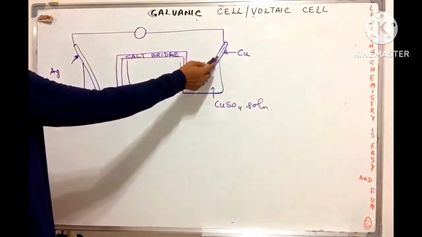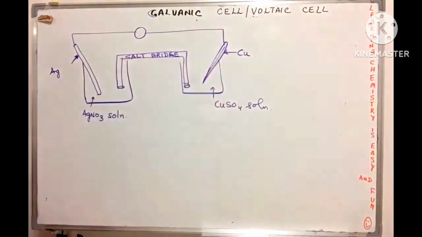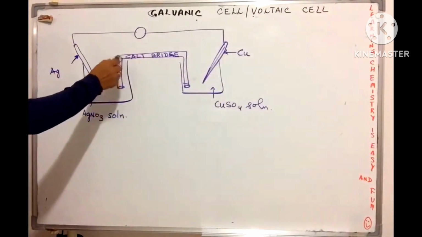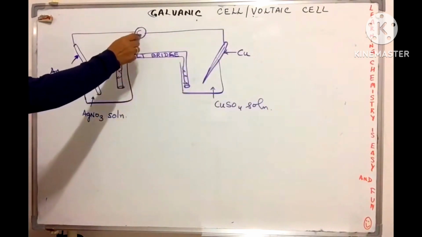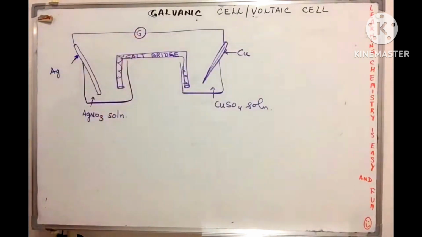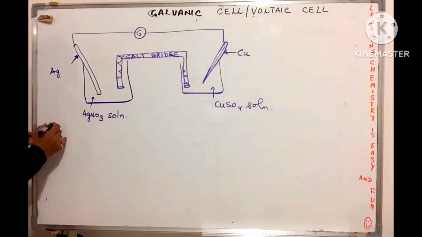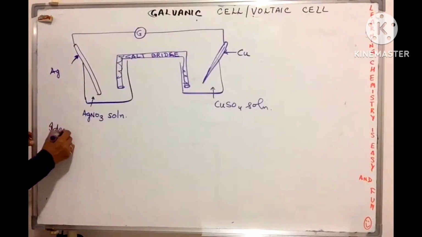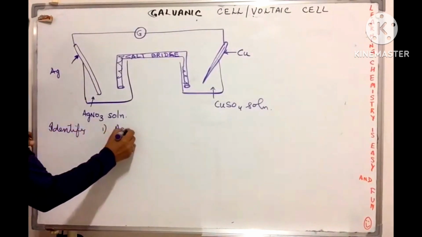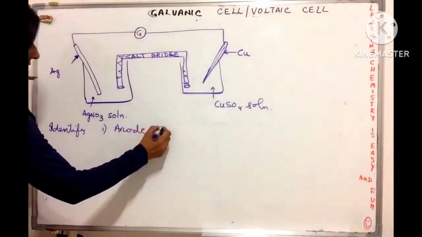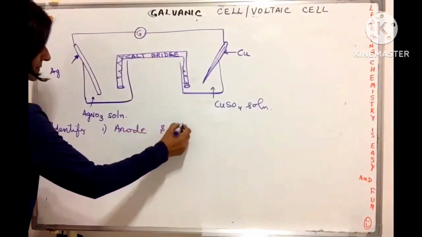And we continued with the copper rod dipped in a solution of copper sulfate. Of course, our salt bridge remains the same. We are not going to touch on that. And we've got a galvanometer connected over here. Now, my question to you is, identify, first step, the anode and the cathode.